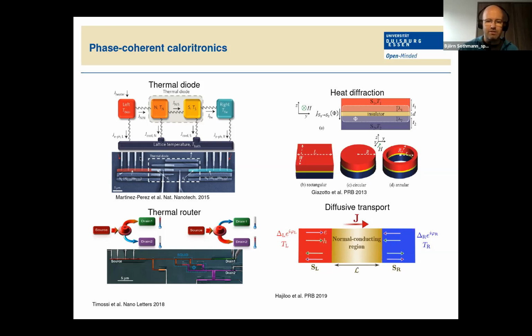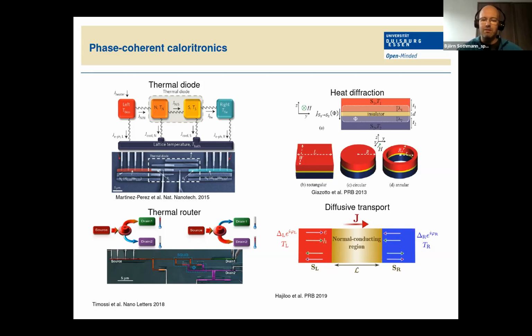And this has also been realized in this nice experiment here. You can also go and somehow combine two of these heat interferometers into each other and come up with a thermal router. That's what you see down here. And this basically allows you to send heat from your hot source either into drain 1 or into drain 2 simply by changing the magnetic flux through this SQUID by half a flux quantum.